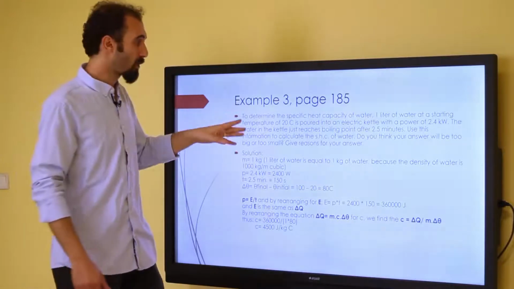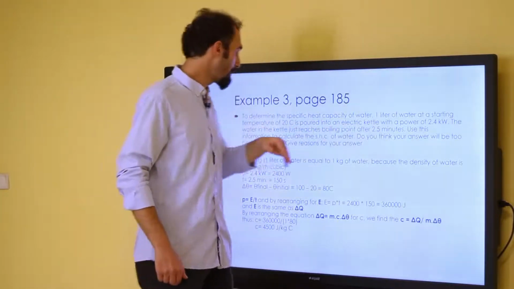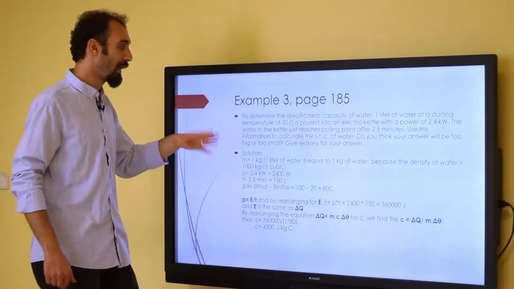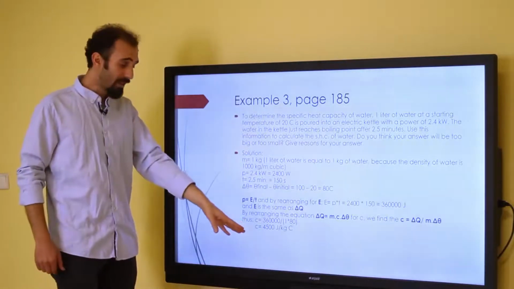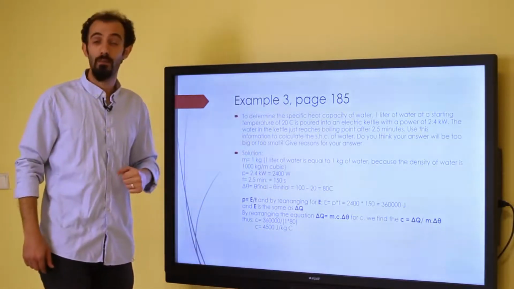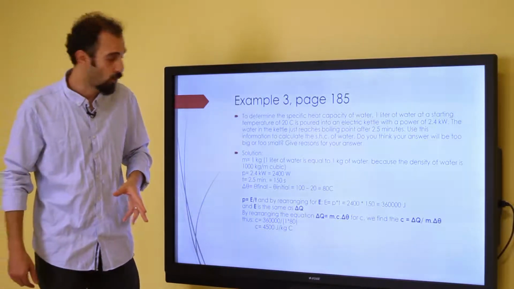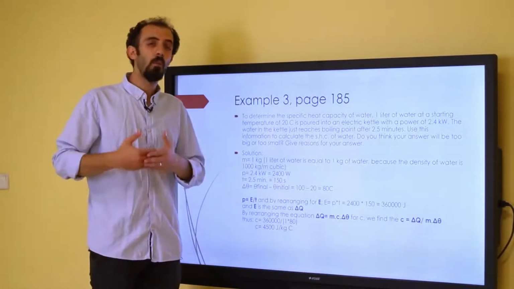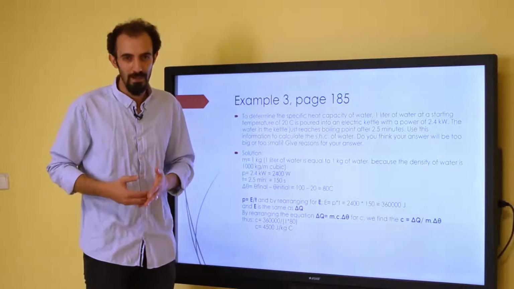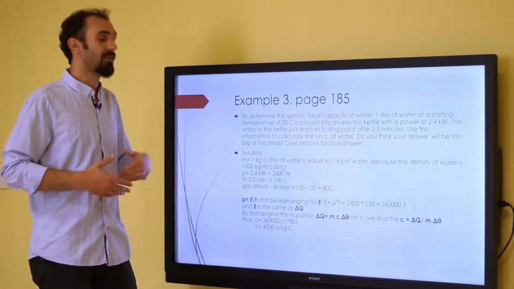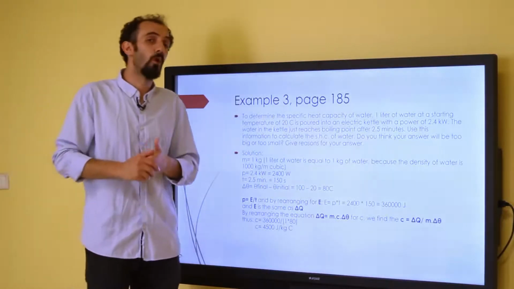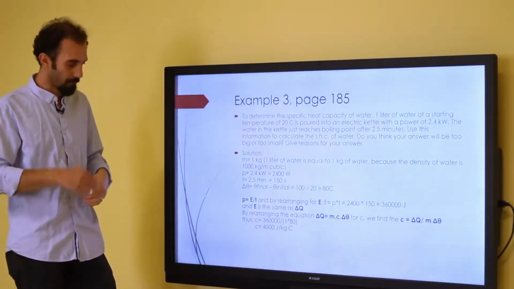Now, another part of the question says, do you think that your answer will be too big or too small? And give reasons. Of course, looking at this answer, which is 4,500 joules per kilogram per Celsius, it is more than what we expect, because we do know that the specific heat capacity of water is 4,200 joules per kilogram per Celsius.